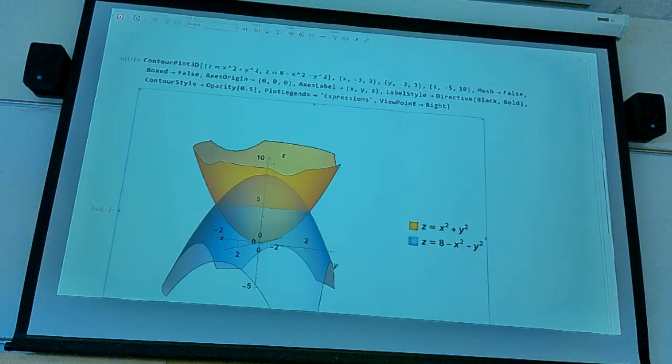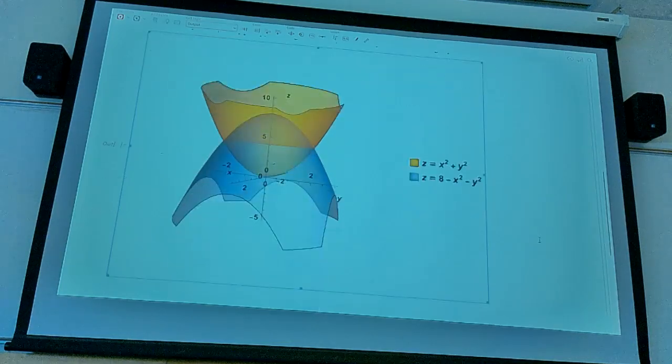Okay. We look at this. What would seem to be the best coordinate system to use? Cylindrical would be the best.